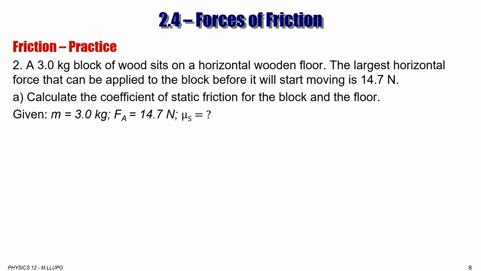Before it starts moving, that means it is the maximum static force of friction. Calculate the coefficient of static friction for the block and the floor, so the surface between those two objects. What is given? Mass is 3 kilogram, applied force is 14.7 Newton, and mu s is what we need to find.